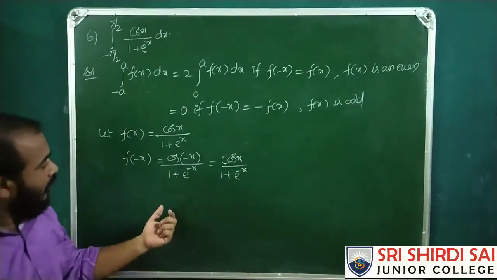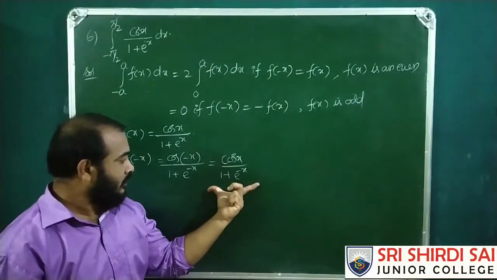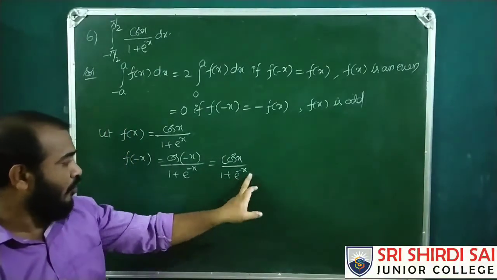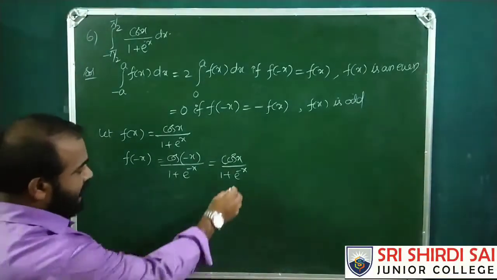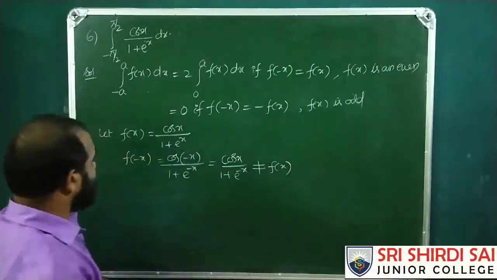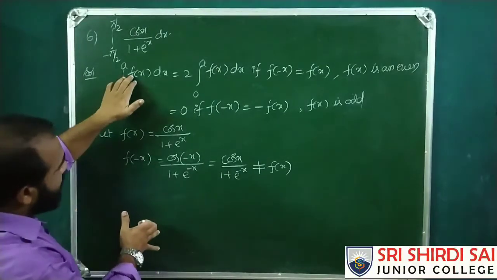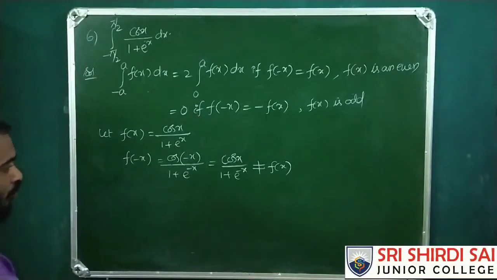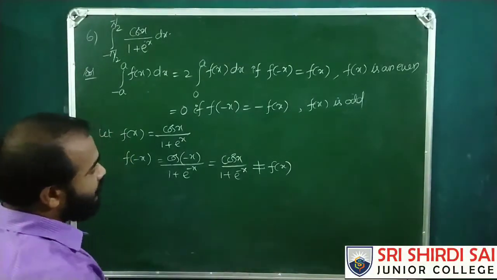But here we did not get minus f of x because it is some other function, because we are not sure about e power minus x. This whole function cannot be written as f of x. F of minus x is not equal to f of x. Since this doesn't follow this actual process, we need to go for another method.